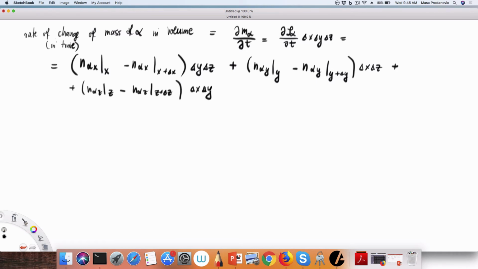My standard, okay, this is it. And then one thing that I'm gonna add, I might have a production term, okay? And that one was kilogram per meter cube second. So then I just have to multiply it by volume to get the rate of change, and it's gonna be kilogram per second.